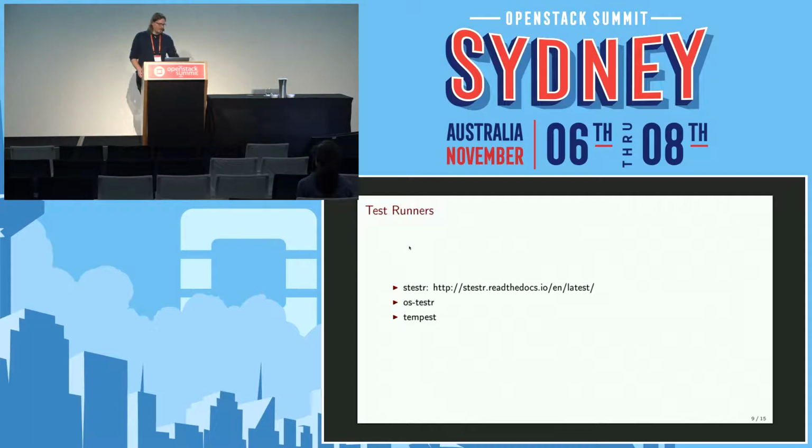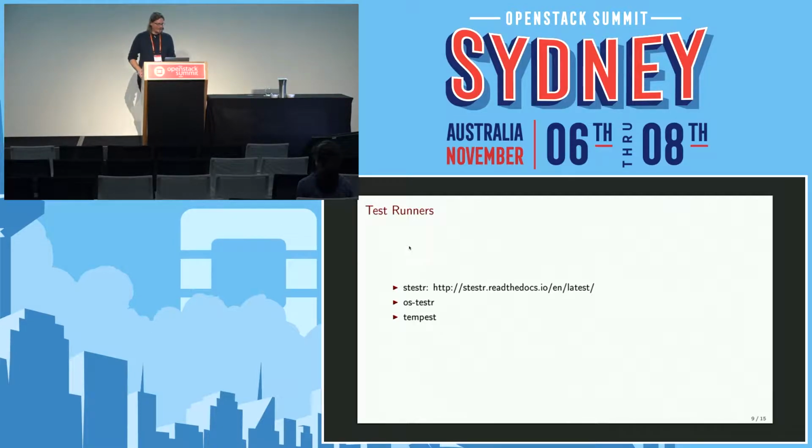On the other side, ostestr is still used, but it's being replaced in favor of stestr. ostestr is a wrapper around testr, and stestr is a native implementation of it. So if you have any question on that, come and ask me later.